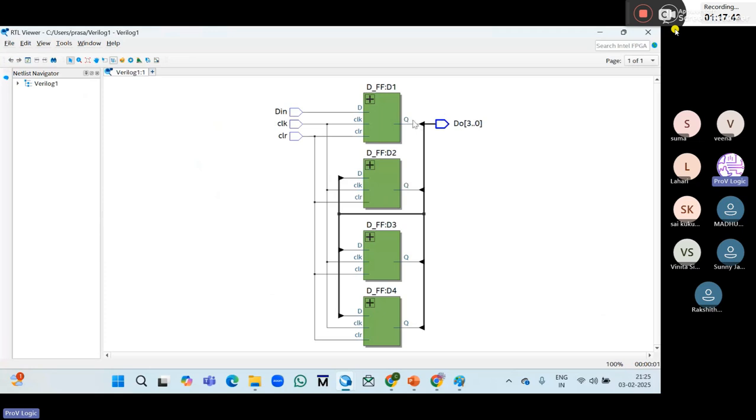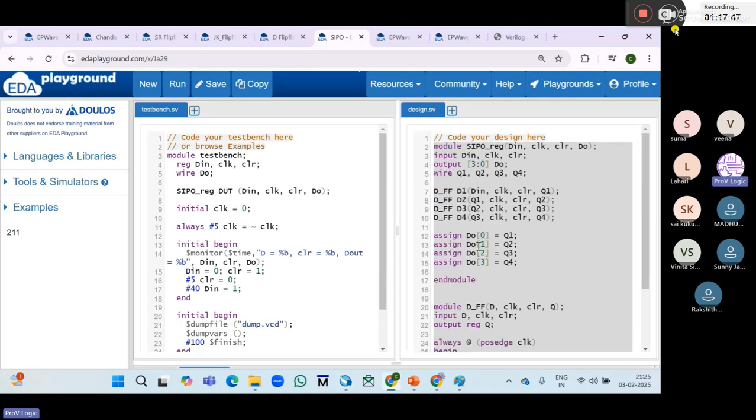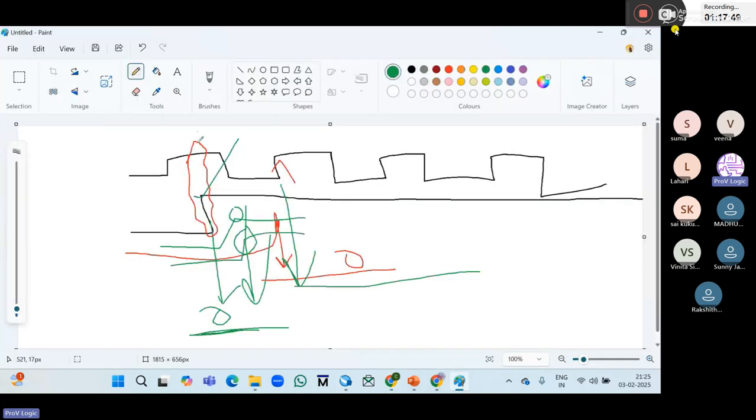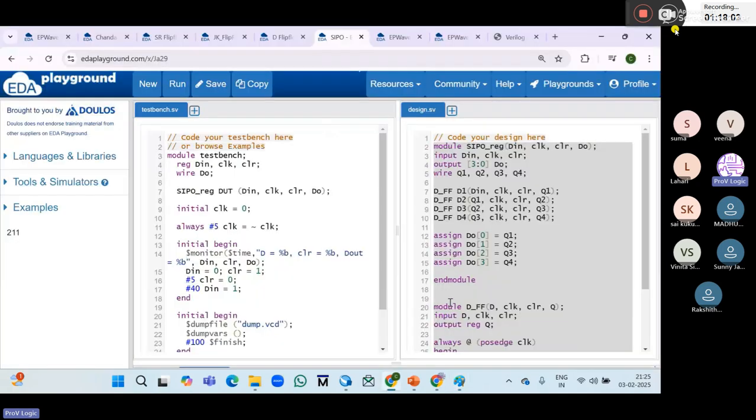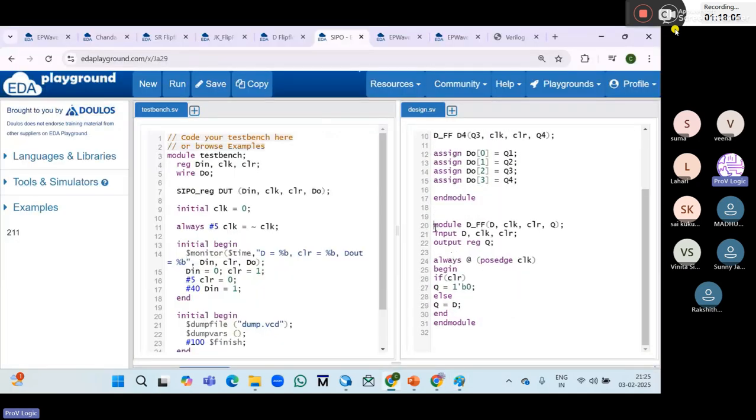See, structural modeling. Which example is it? Serial input, parallel output. How do we get the serial in parallel out? Like this one diagram, second diagram, third diagram, fourth. Each is a D flip-flop. We need to write one D flip-flop and take 4 copies. We did the same here, at the 20th line. How to write the D flip-flop? Very easy code.